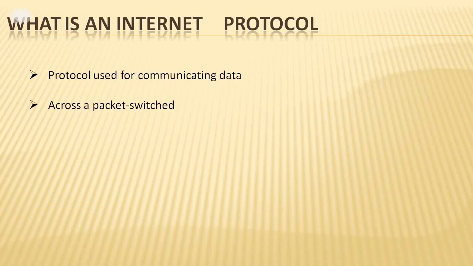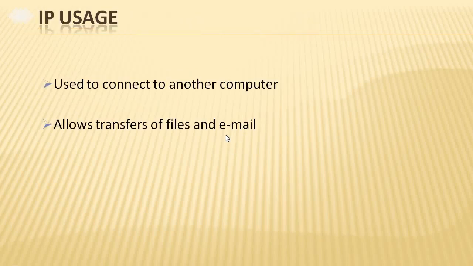It is the protocol used for communicating data, and it can be used across packet switching, meaning the data is transferred in the form of packets. Internet Protocol addressing is used to connect to another computer, which allows the transfer of files and electronic mails, or emails.